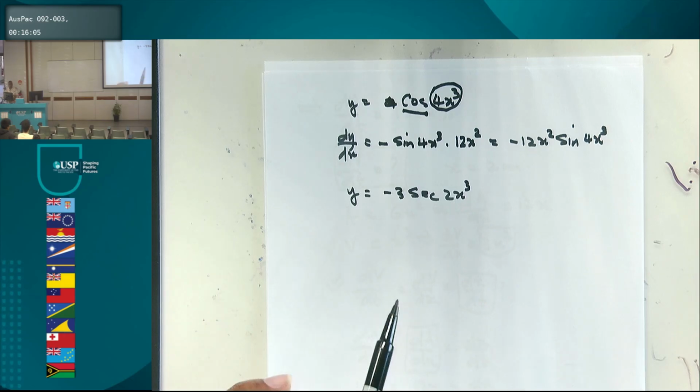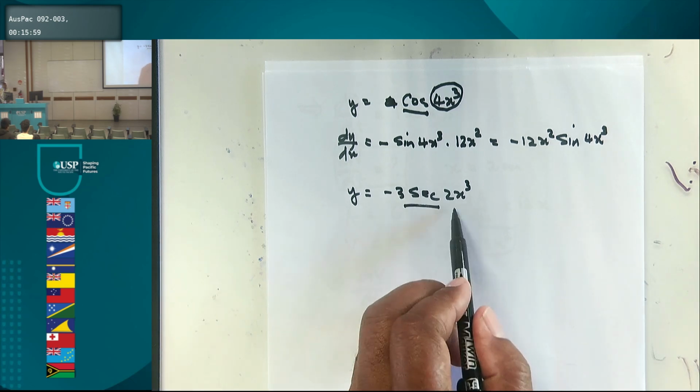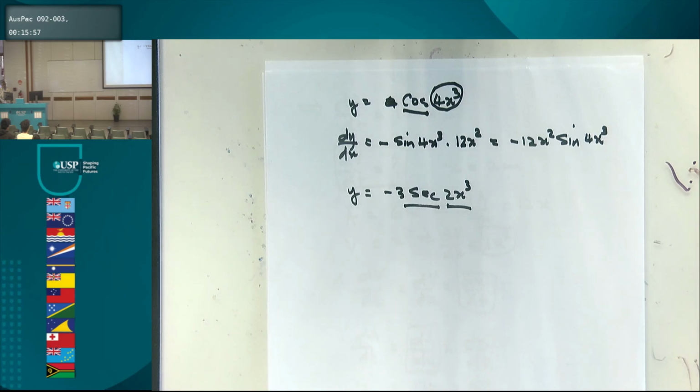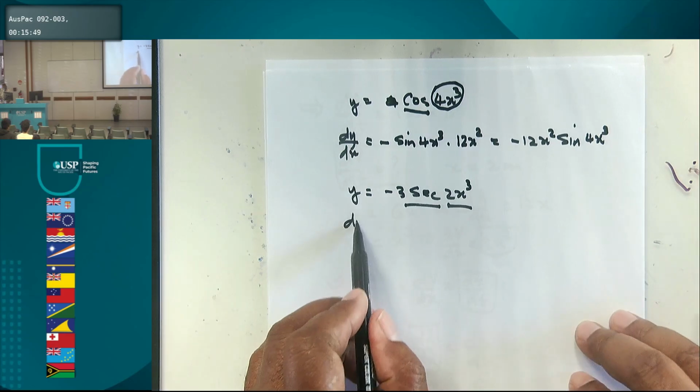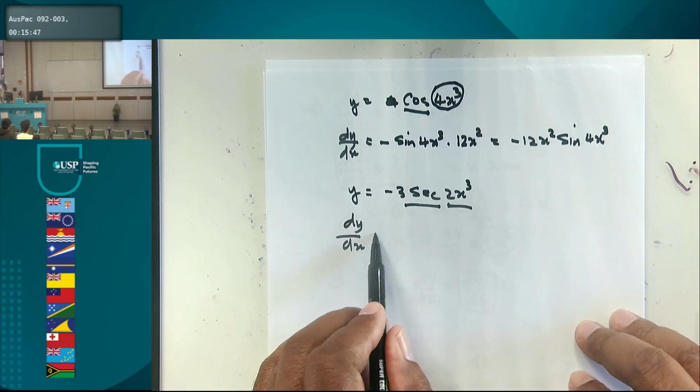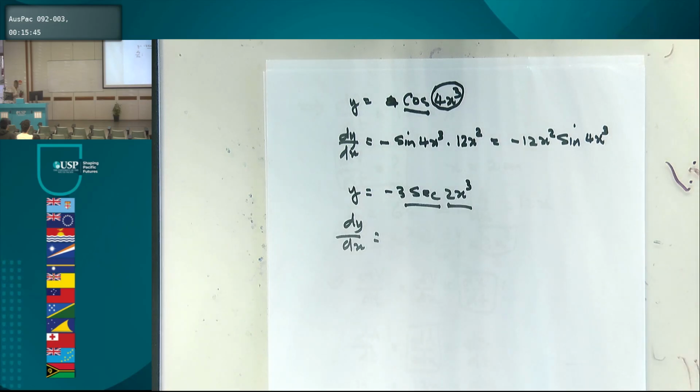I believe this also looks like a composite function. It has an outer and an inner. So again, I'll use the chain rule. I'll give you 1 minute, try that out. Work out the derivative. Go.